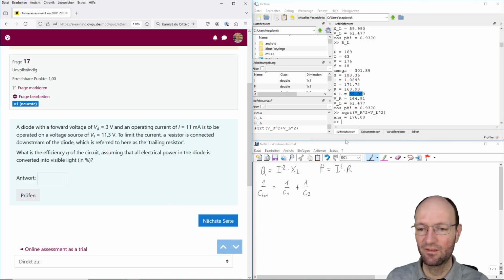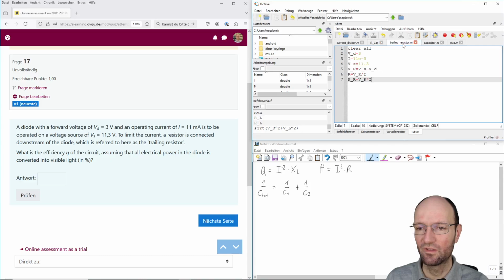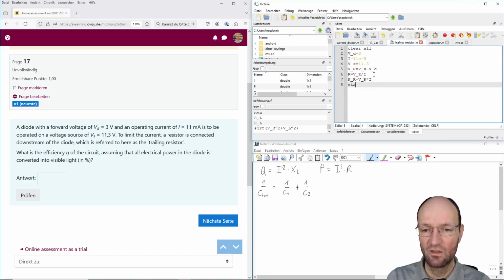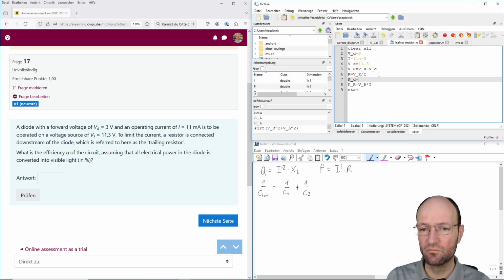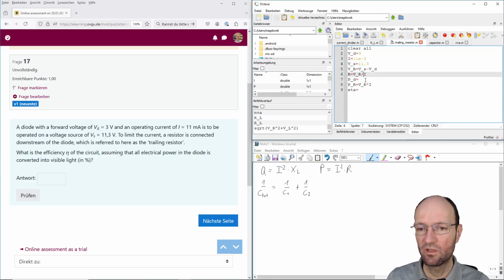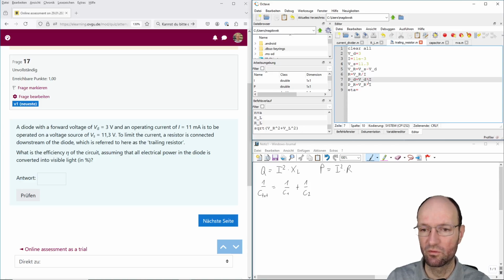Then there's another question related to this diode circuit. What is the efficiency of the circuit, assuming that all electrical power in a diode is converted into visible light? So we need to have the power at the diode, and this would be the voltage at the diode multiplied with the current.